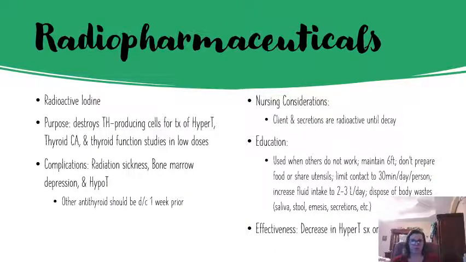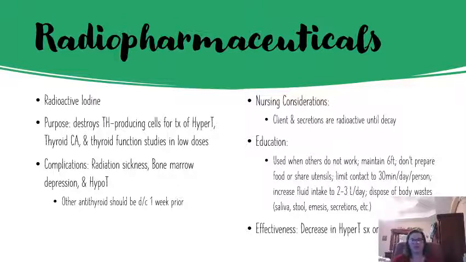Now, radiopharmaceuticals, this is radioactive iodine. This destroys the thyroid hormone producing cells, whereas the other one just prevented it from becoming thyroid hormone. This one actually destroys it. It's used for the treatment of hyperthyroid, thyroid cancer, and thyroid function studies.